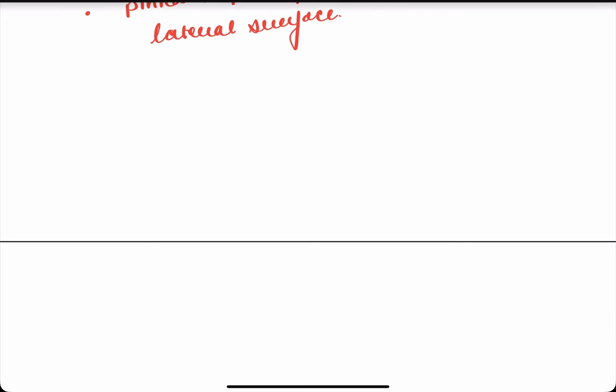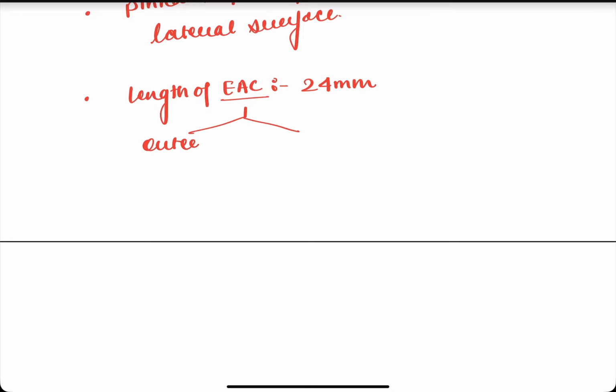Now next, the length of the external auditory canal is 24 mm. The external auditory canal is divided into two parts, the outer part and the inner part.